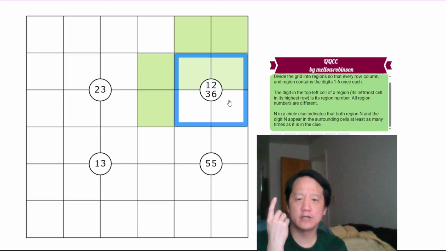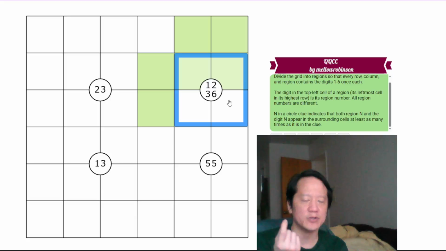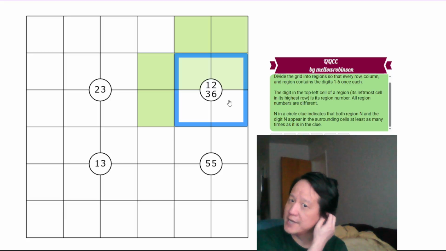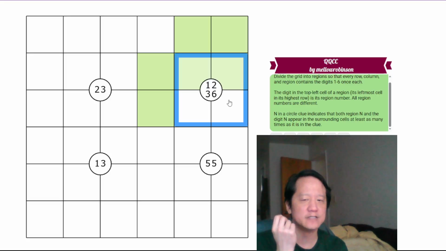So N in a circle clues, these are quad clues, indicate that both region N and the digit N appear in the surrounding cells at least as many times as it is in the clue. Obviously, the region N only has to appear once. I think they mean that the digit N has to appear in the surrounding cells at least as many times as it is in the clue.